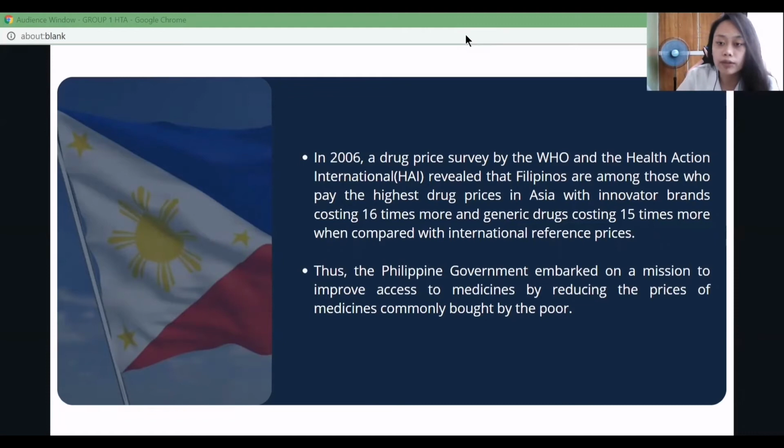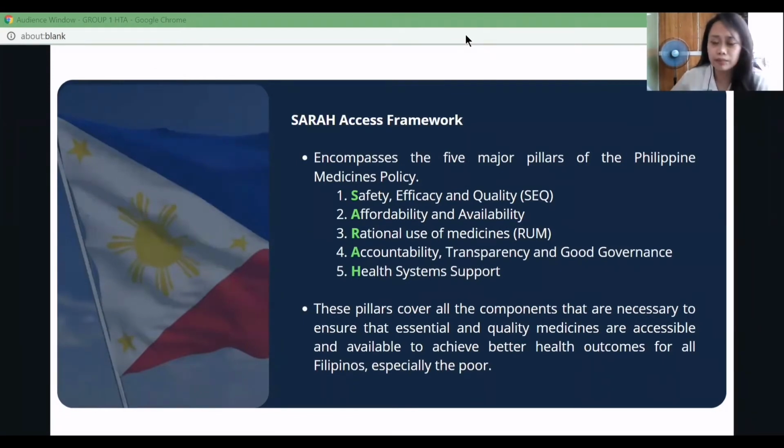Thus, the Philippine government embarked on a mission to improve access to medicines by reducing the prices of medicines commonly bought by the poor. So we have this SAR access framework, which encompasses the five major pillars of the Philippine medicines policy. And this PMP is an instrument of commitment for ensuring access to essential medicines of assured safety and quality for all.